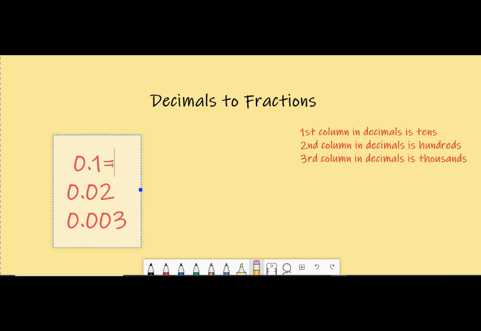First column is in tens, so equal to 1 divided by 10. Okay, are you happy with that? First column in decimals is tens, so it's 1 divided by 10. That is the fraction for 0.1. It is as simple as that.